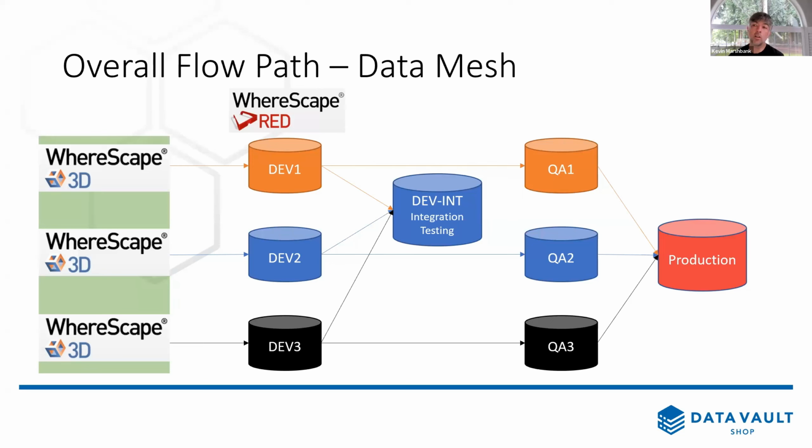And I didn't really cover separate environments as far as showing the different ways you can organize your dev, QA, and production. But essentially, with WhereScape Red 10, you only need to have the developer tools on developer machines for WhereScape 3D and Red.